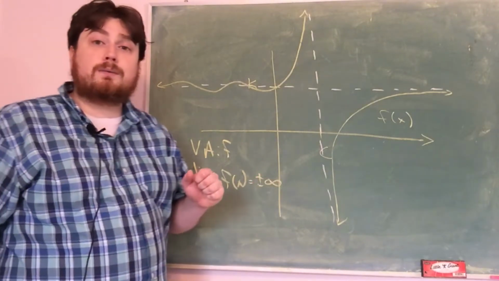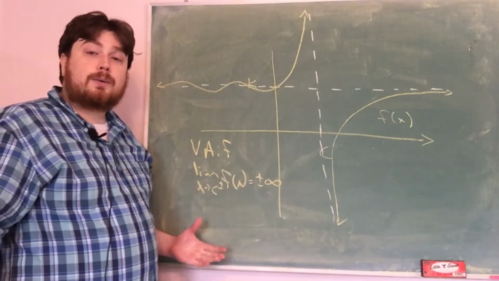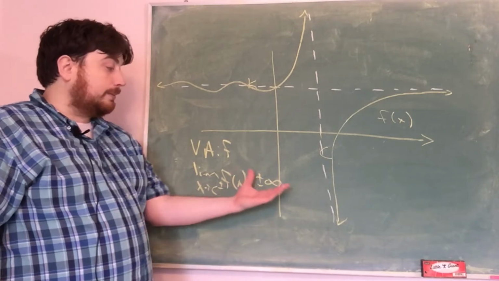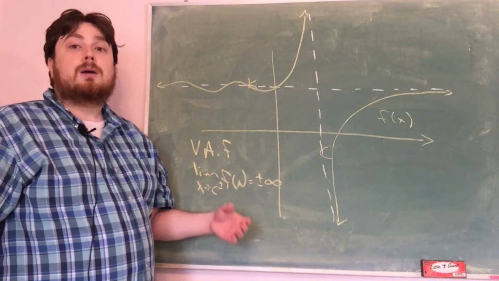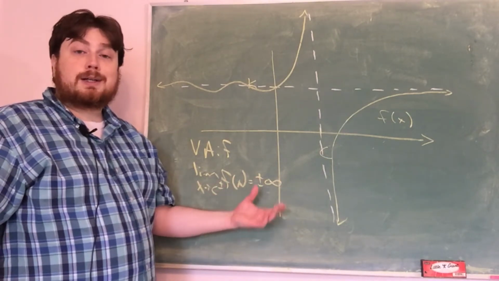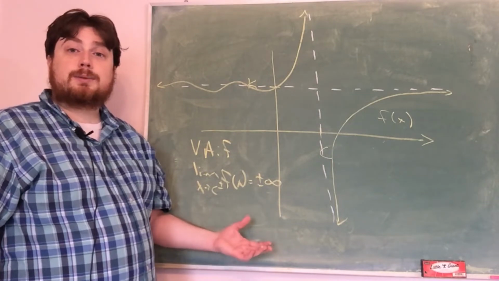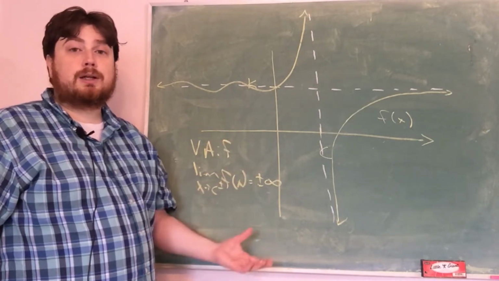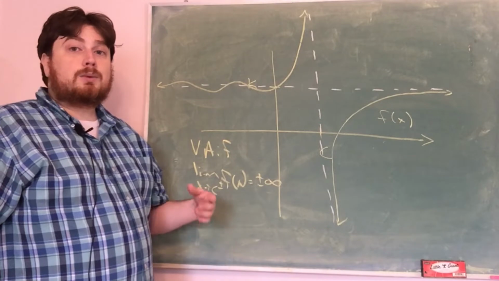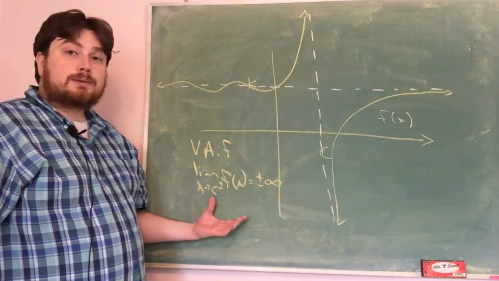So if we want to find vertical asymptotes, we have to find all the places where the limit is equal to either plus or minus infinity. Recall that means the limit does not exist in such a way that it gets arbitrarily large in either a positive or negative direction. So we need to find those points.